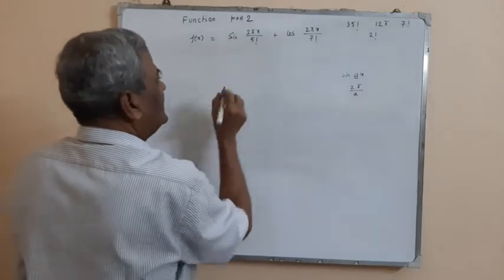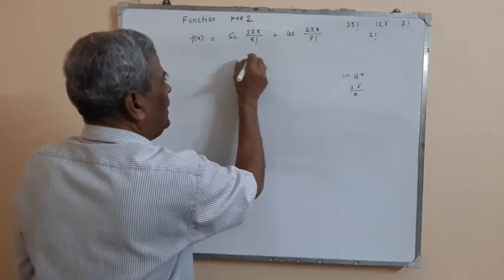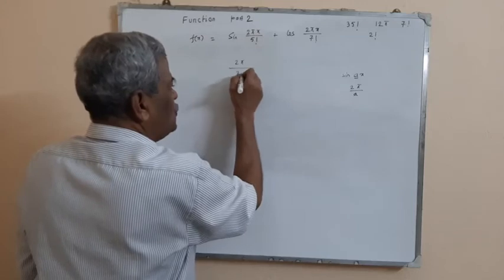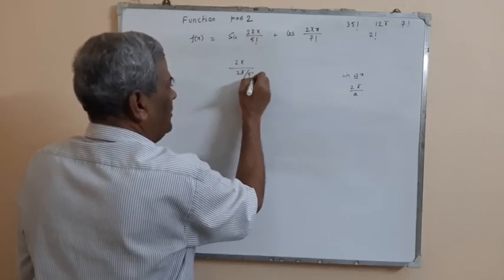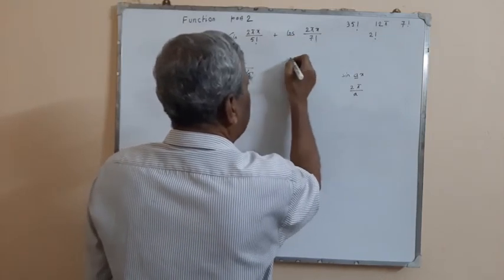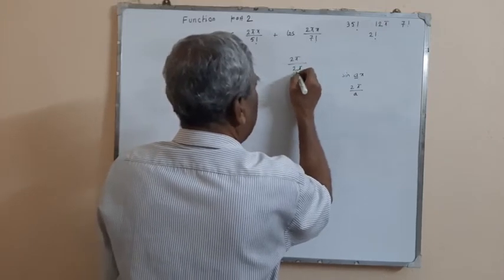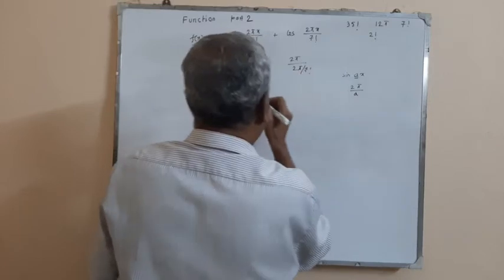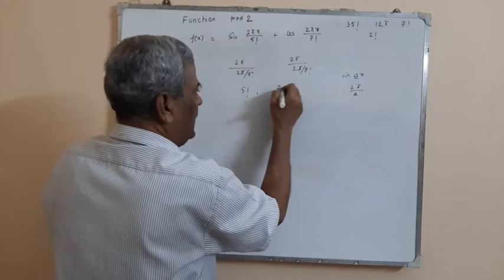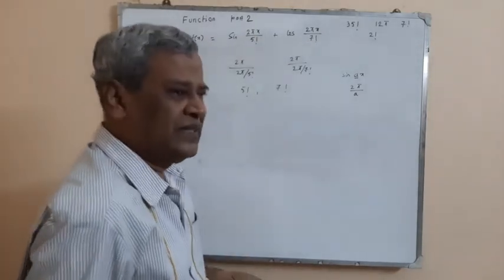In this case, the period of that part is 2 pi divided by the coefficient of x, that is 2 pi by (2 pi by 5 factorial). By the same argument, for that part it is 2 pi by (2 pi by 7 factorial). The 2 pi cancels, so it is 5 factorial and 7 factorial. Its period is 5 factorial, its period is 7 factorial.